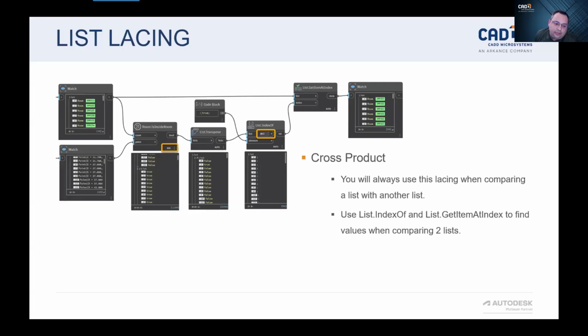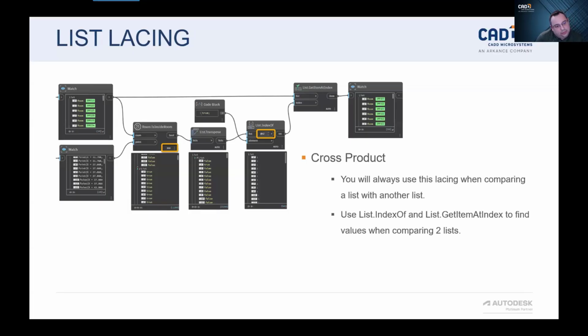When you set it to cross product, you will always get an additional list level, but it's not doing it randomly. It's easiest to explain when you only have two lists like this one. What it's going to do is the lowest list level, in this case, level 1, is going to be the indexes of all the points.